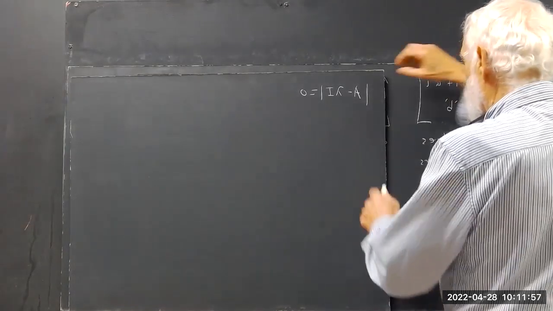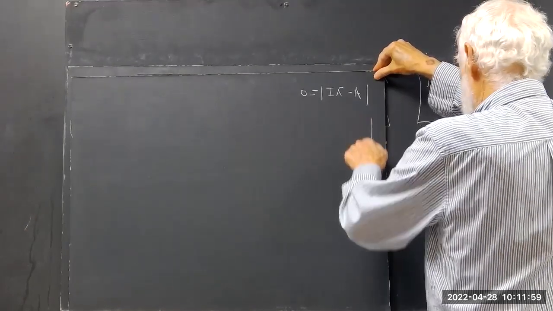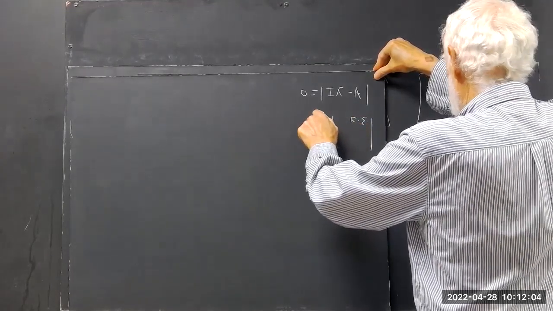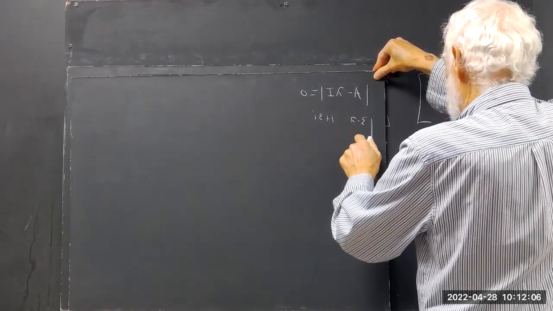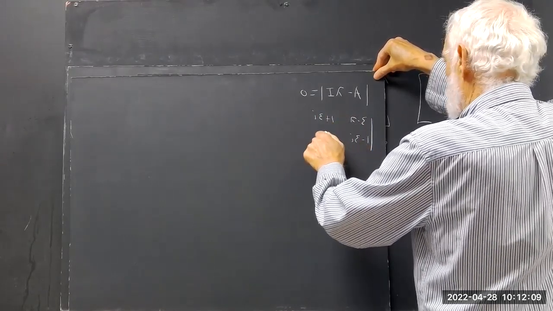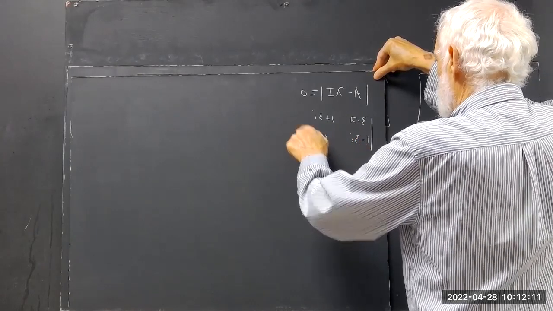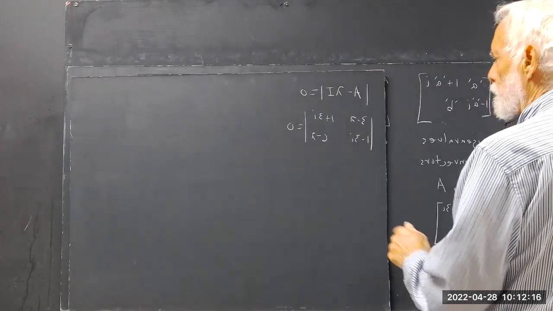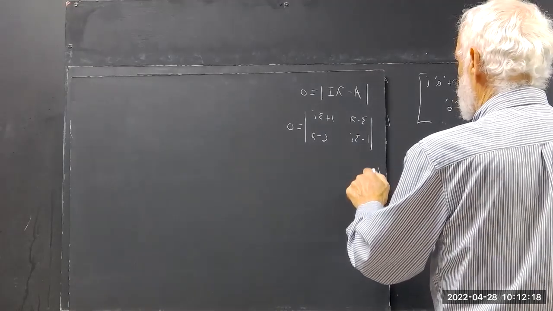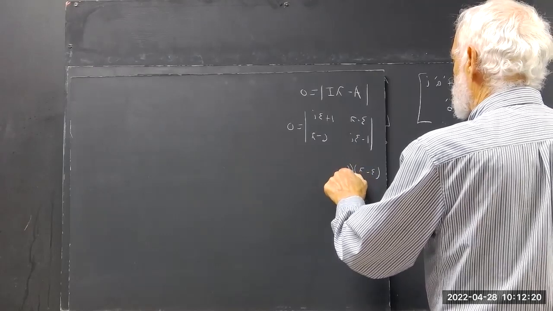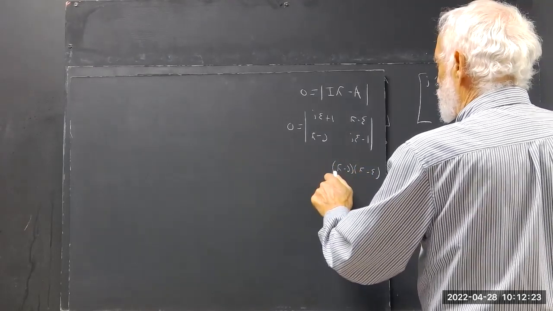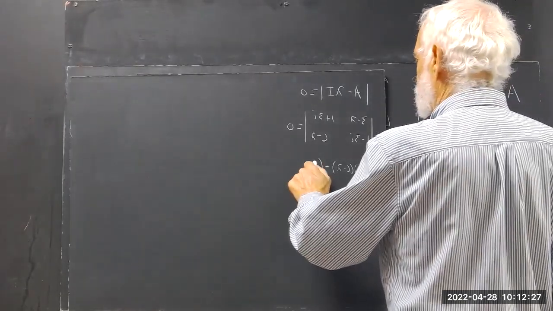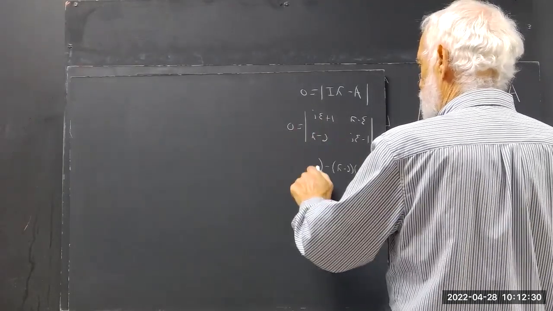Okay, so now we set the determinant of 3 minus lambda, 1 plus 3i, 4 minus 3i, 6 minus lambda equal to 0. And we get 3 minus lambda times 6 minus lambda minus the quantity, well, 1 plus 3i times its conjugate comes out 10.